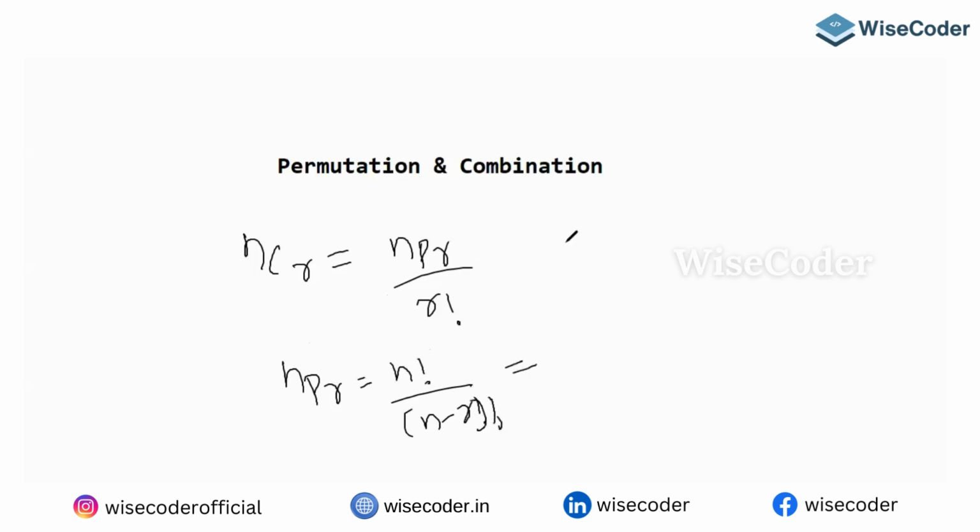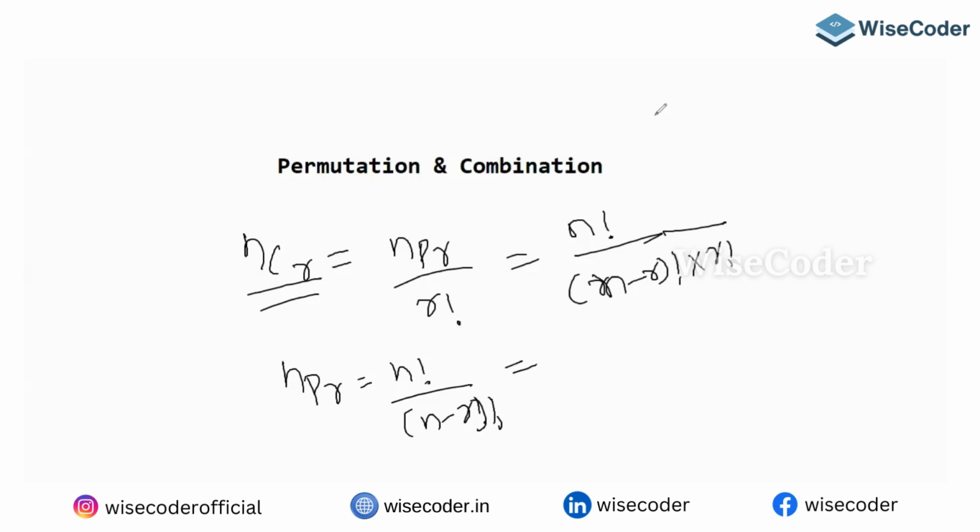So you can write it as n factorial by n minus r factorial into r factorial. This will give you nCr. So nCr is n factorial by n minus r factorial into r factorial.